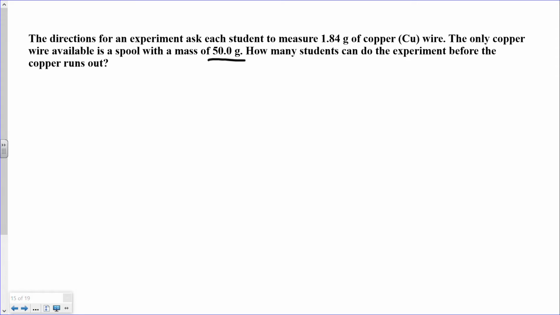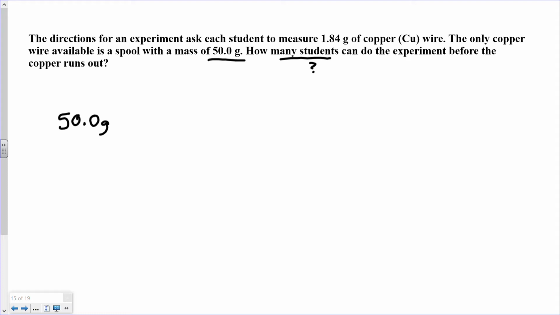So we're going to start off with 50.0 grams of copper, and then we're going to move towards trying to figure out how many students. So the ultimate goal for us is to figure out how many students. So we're working from units of grams towards units of students.